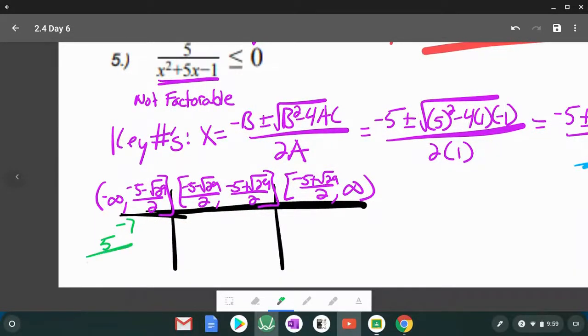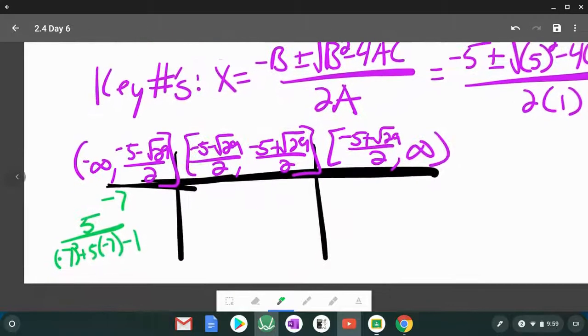So 5 over negative 7 squared plus 5 times negative 7 minus 1. Sorry for the small writing here. I'm running out of room on my paper. But I know that that's a positive over what's 49 minus 35 minus 1. I know this has to be also a positive. So this section would be positive.